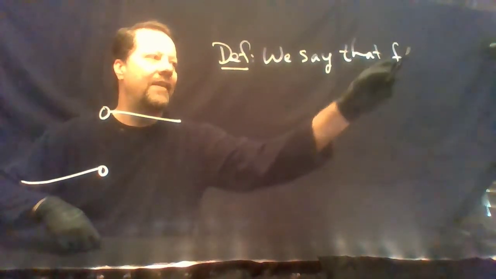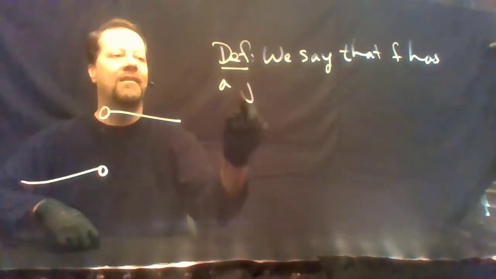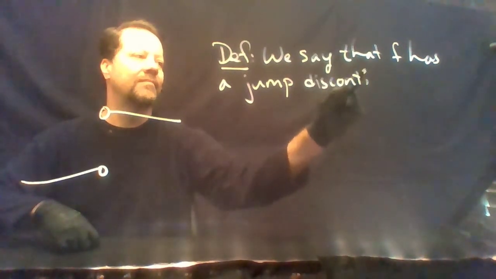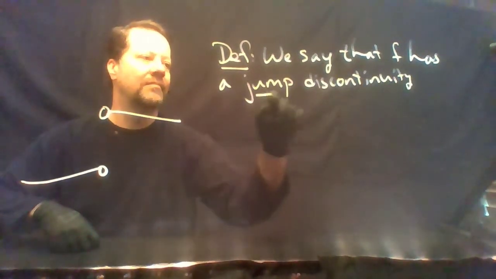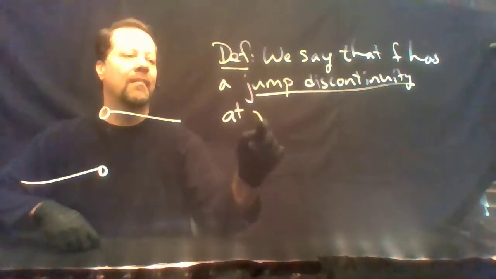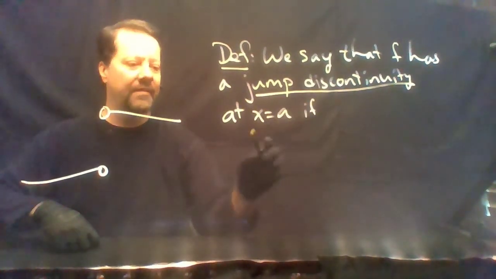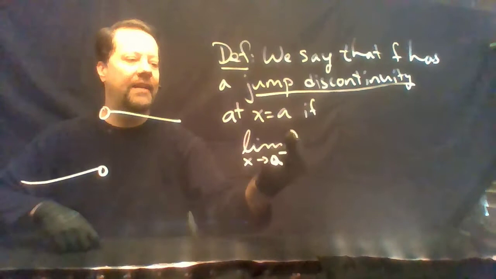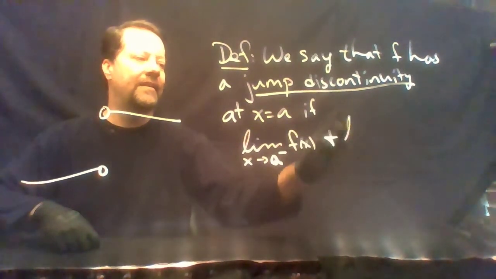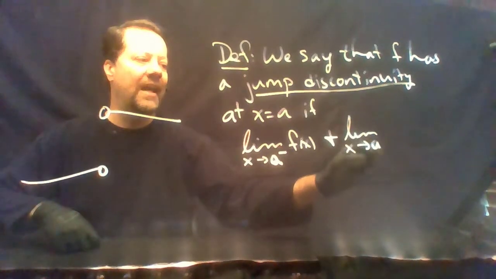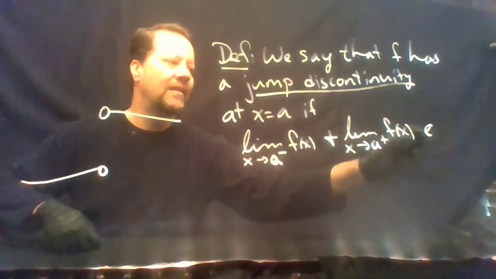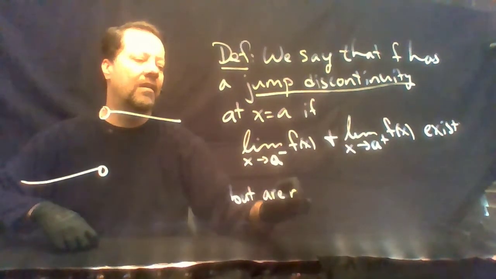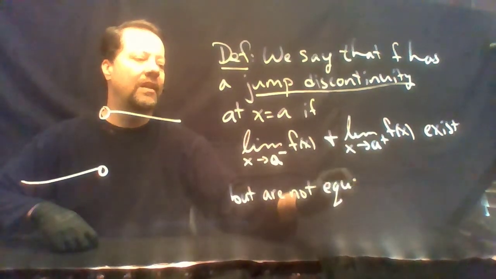We say that f has a jump discontinuity at x equals a if both the limit as x goes to a on the left and the limit as x goes to a on the right exist but are not equal.